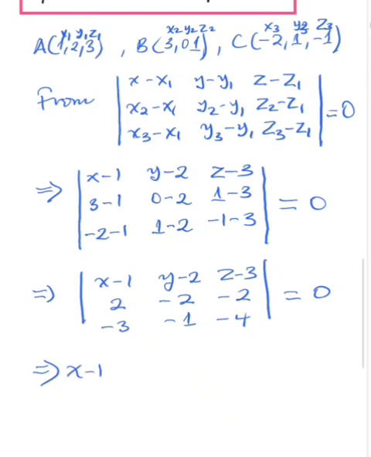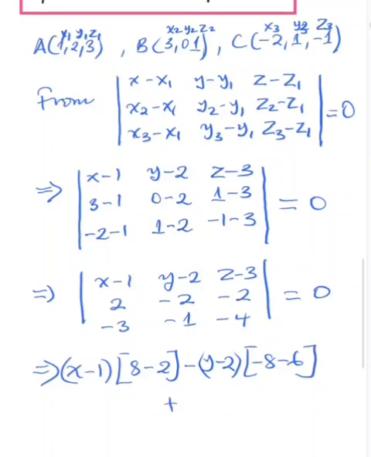X minus 1 into the minor of x minus 1, so we have 8 minus 2, minus y minus 2 into the minor of y minus 2, which is negative 8 minus 6, plus z minus 3 into the minor of z minus 3, which is negative 2 minus 6. That should be equal to 0.